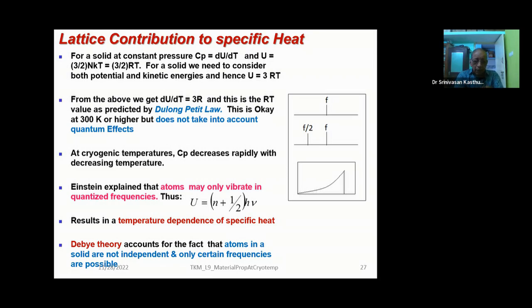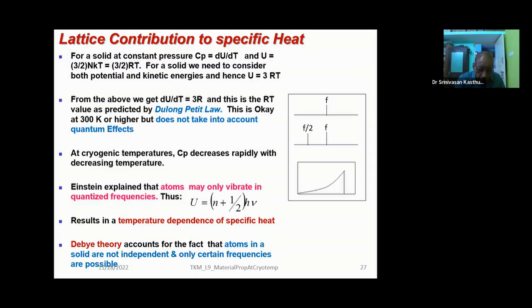Later on, Debye proposed a theory which accounts for the fact that the atoms in a solid are not independent, and they oscillate at a particular frequency, and only certain frequencies are possible for the solid.